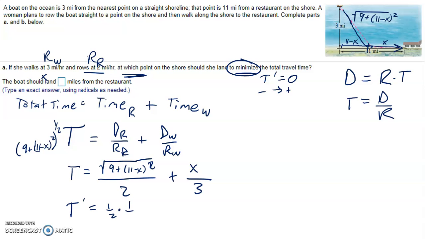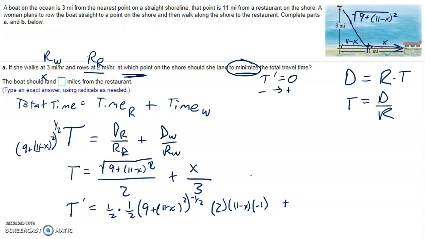And then the power rule with the chain rule. So 1/2 times 9 plus 11 minus x squared, now to the negative 1/2 power, times the derivative of the inside. The constant goes away. So 2 times 11 minus x times the derivative of x, which is negative 1. So that's the derivative of that part.